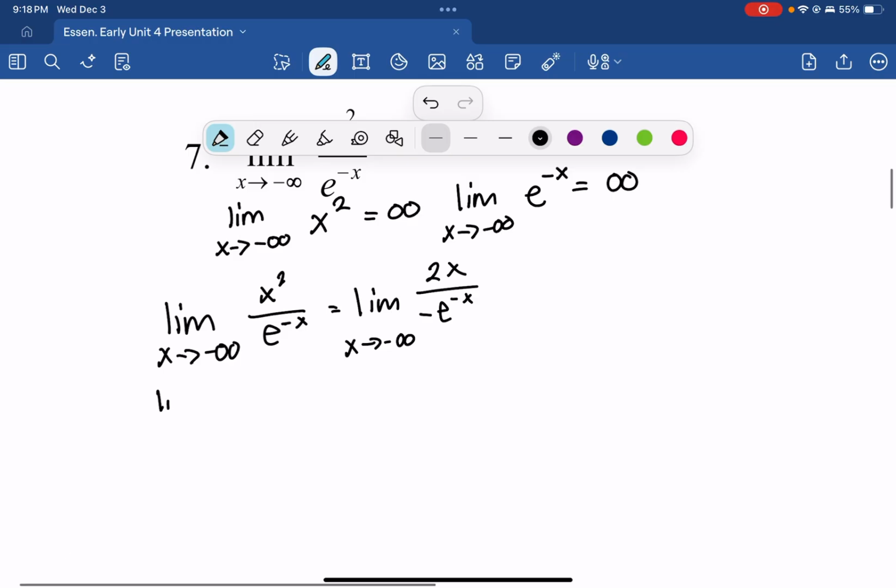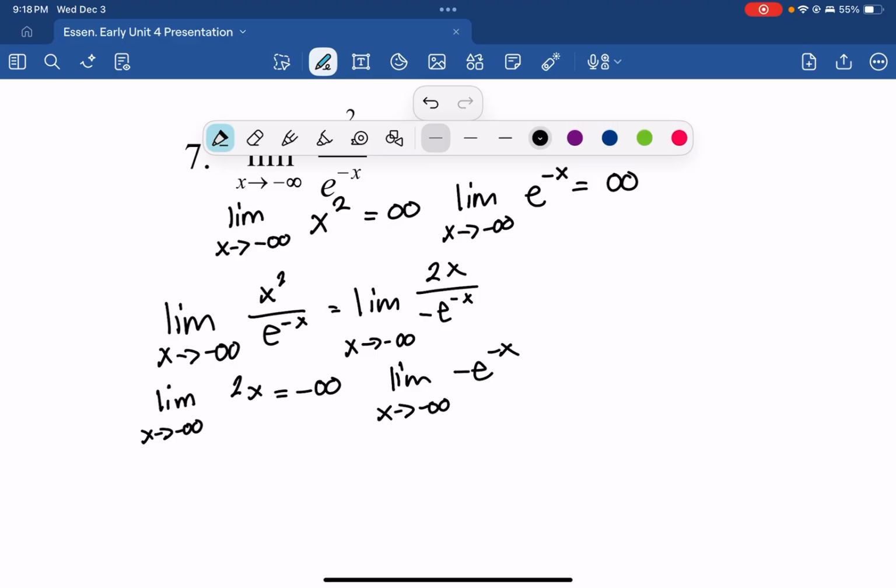Okay, so we're going to write here again that the limit as x approaches -infinity of 2x equals -infinity. And the limit as x approaches -infinity of -e to the -x also equals -infinity.